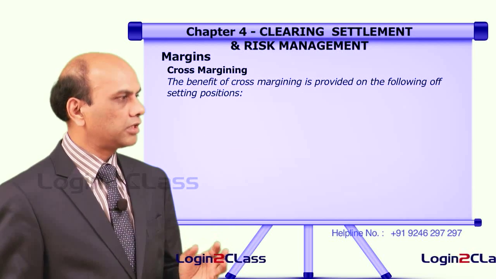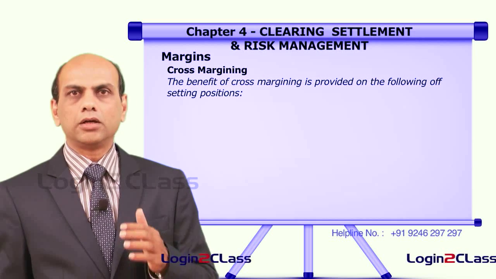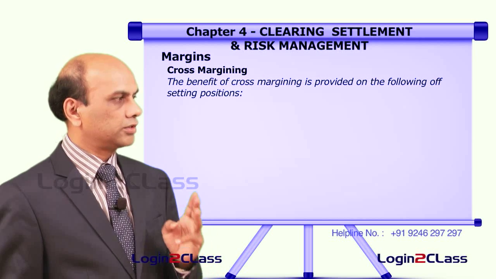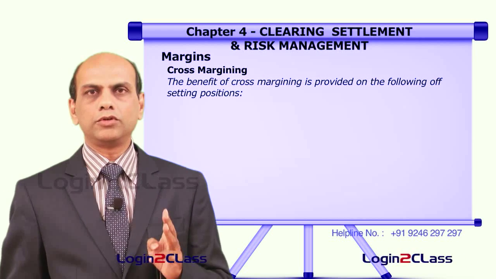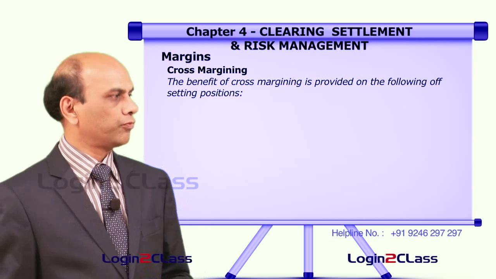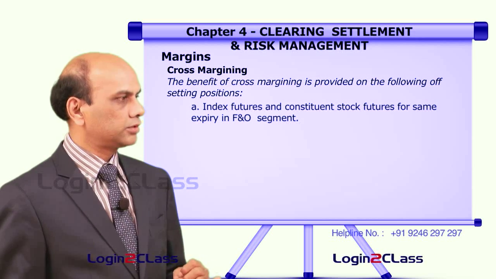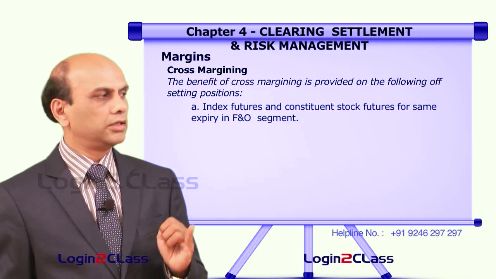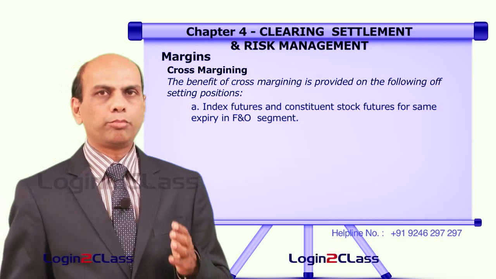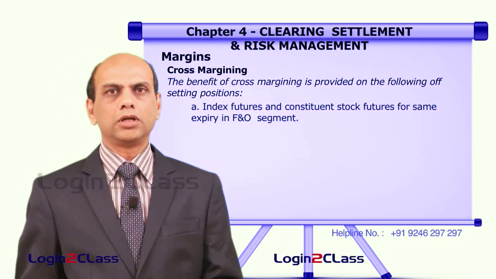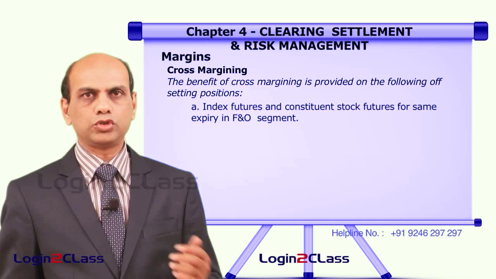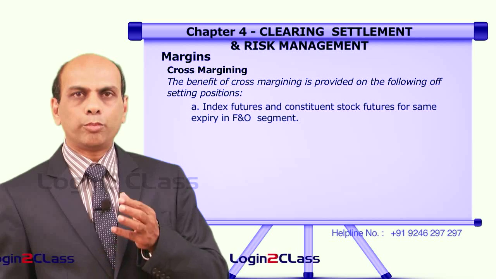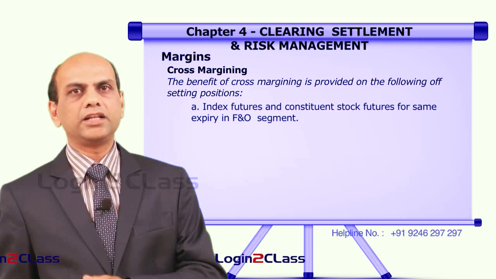The benefit of cross margining is provided on the following offsetting positions only. What are these positions? There are totally three situations which can arise for cross margining. First, index futures and constituent stock futures for the same expiry in the F&O segment. So, a person takes a long position in index futures and a short position in the stock futures pertaining to this particular index in the derivative segment.